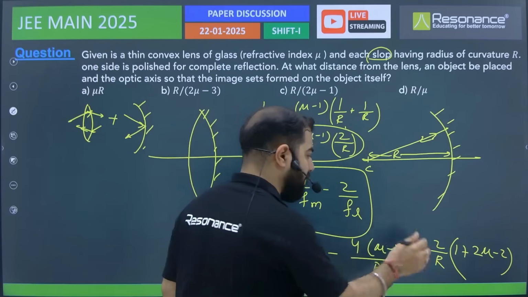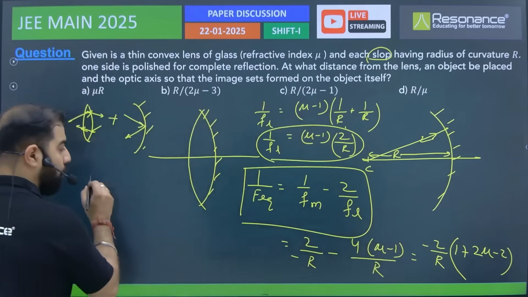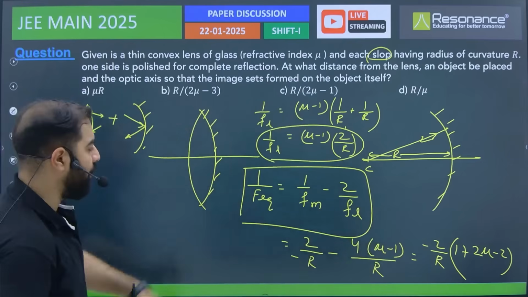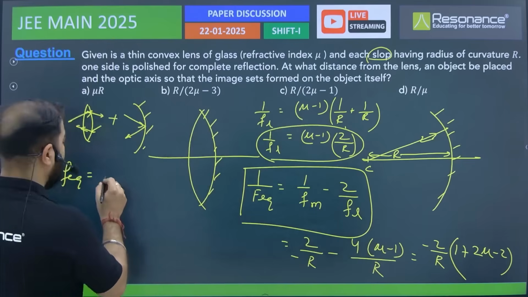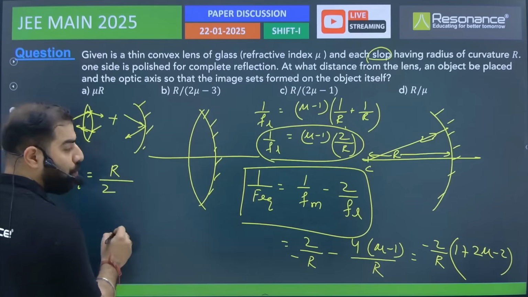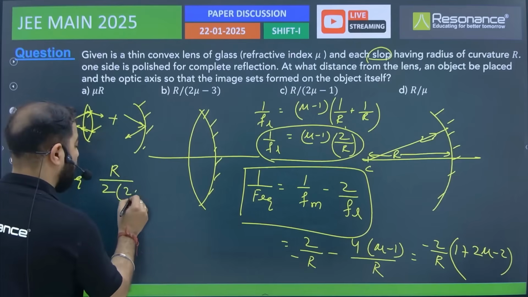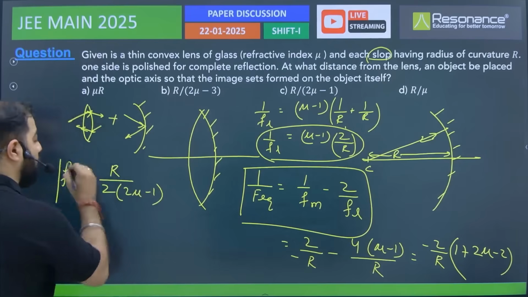That turns out to be, so F equivalent which we got here is r by 2 mu minus 1. So that's F equivalent.